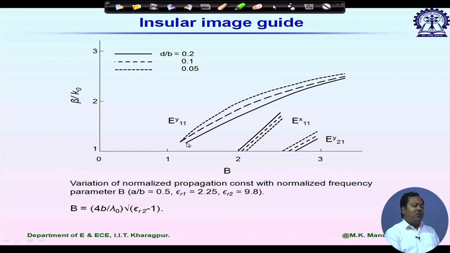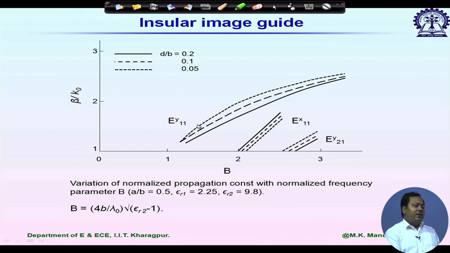If I look at the characteristics of this plot, for different values of d by b, it is more straight. We can say it is less dispersive compared to the image guide. If I decrease d by b from 0.2 to 0.05, what will happen?